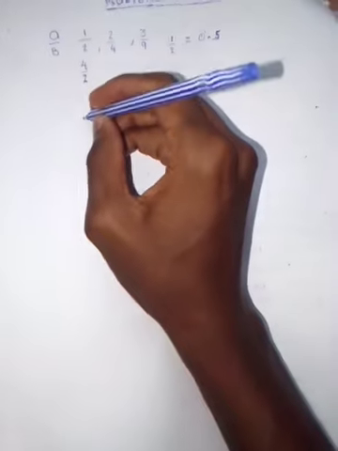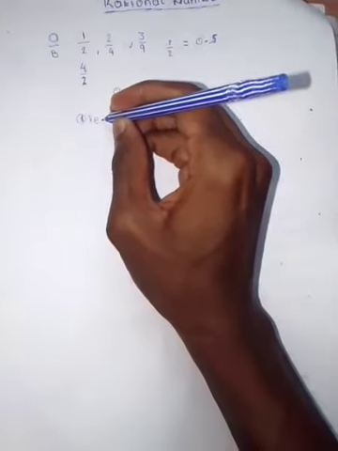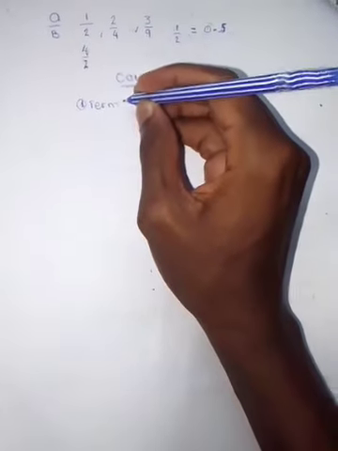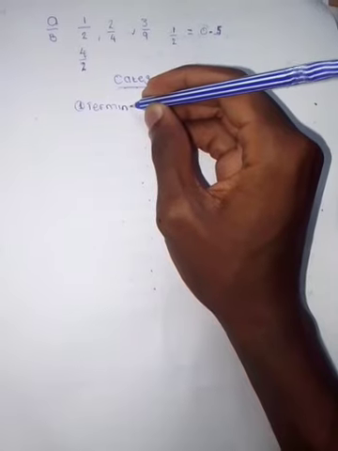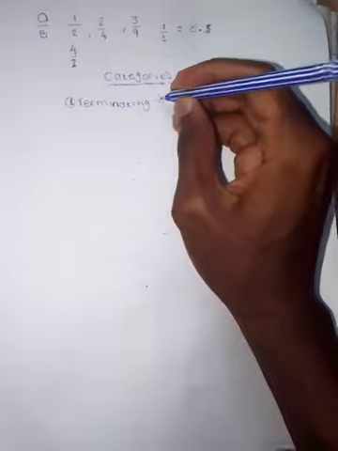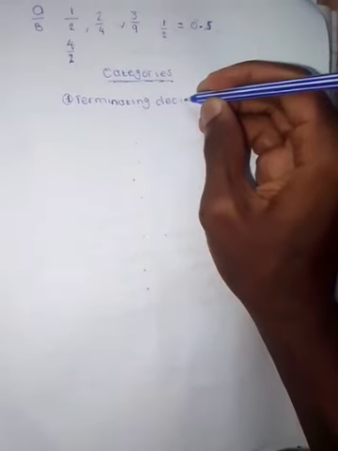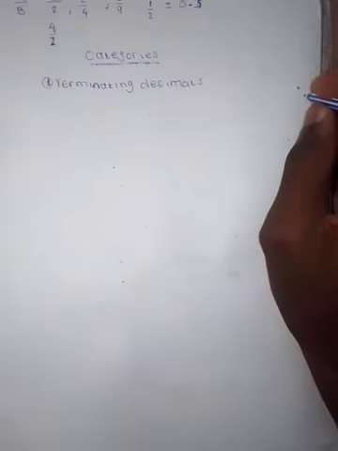So the first category is terminating numbers. We have terminating decimal numbers, terminating decimals. So this category consists of numbers that are terminating, meaning the numbers that are ending.